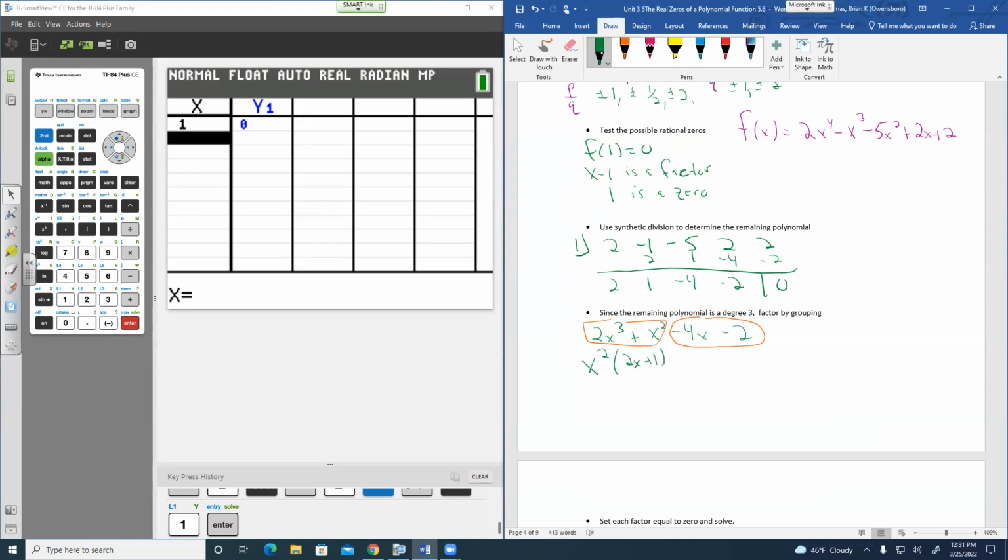And remember, in this next position, since there's a negative in that front position, we pull a negative out. And they also have a 2 in common. So I'm going to pull out a 2. And that's going to give me then a 2x plus 1.